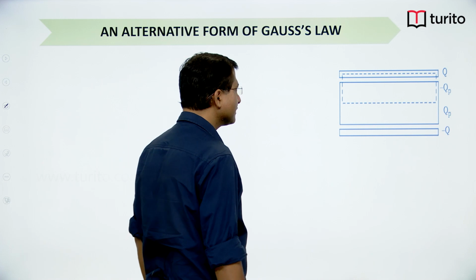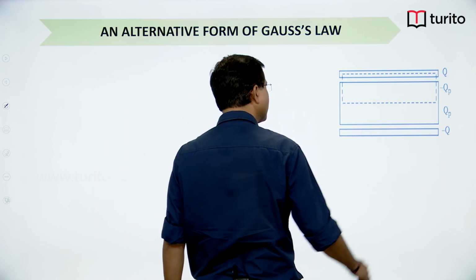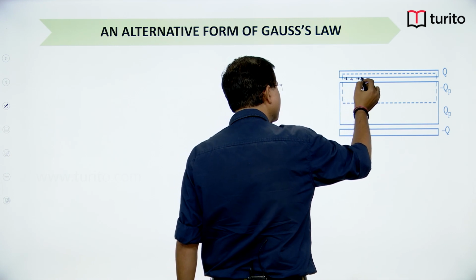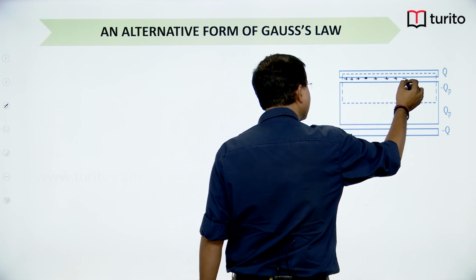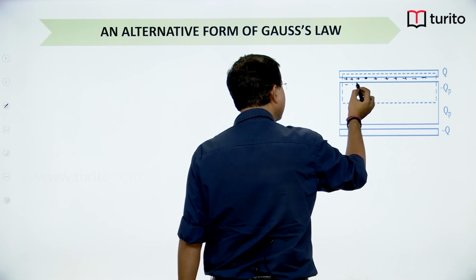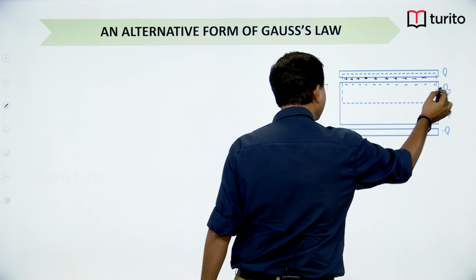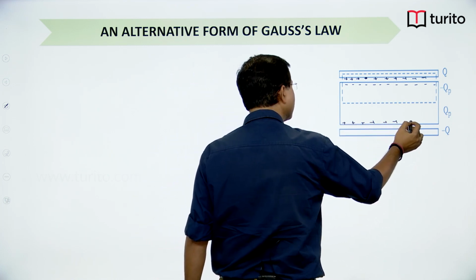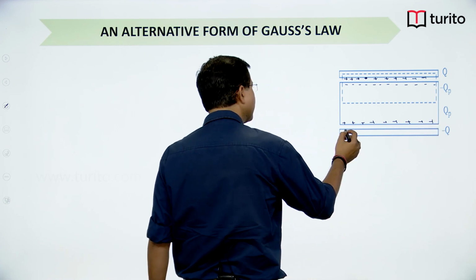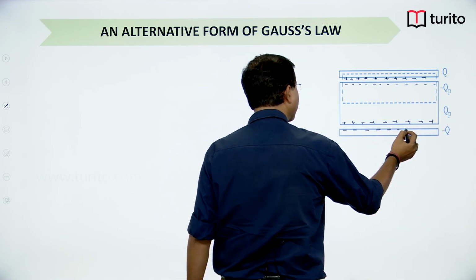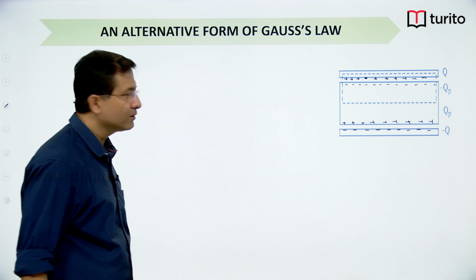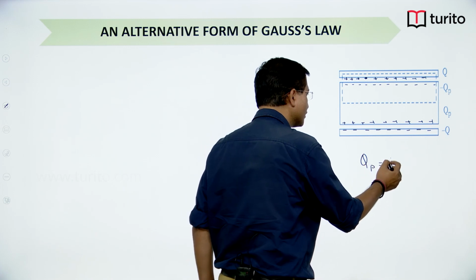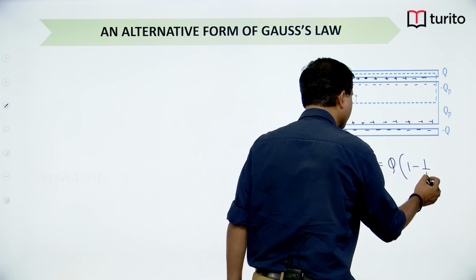We have seen that when a dielectric is placed in front of the plate, if this side is positive, then the charge appearing here will be negative, minus Qp, and the same thing happens here, it will be plus Qp, and the charge appearing here will be minus, and we know the relation. Qp, magnitude-wise, we got Q times (1 minus 1 upon K).